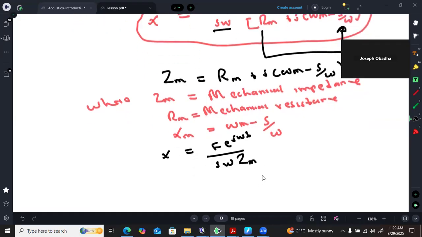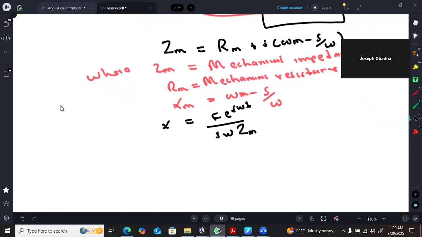And if this is the displacement, then the moment we have displacement, the velocity u would be given by u equal to dx by dt.